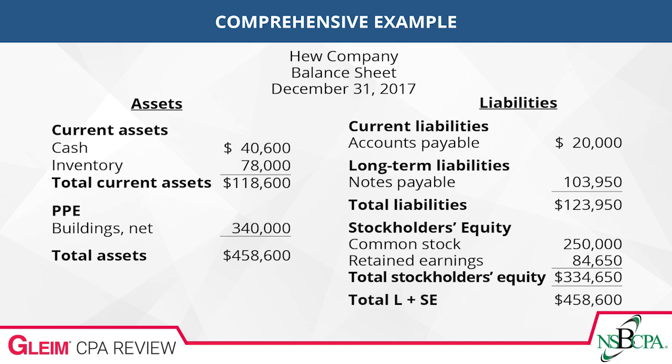The last line on the right hand side is to add the liabilities and stockholders' equity together to get $458,600. And your last step is to make sure that the total amount of assets is equal to the total amount of liabilities and stockholders' equity. We have $458,600 for both. So, good news, our balance sheet is in balance.